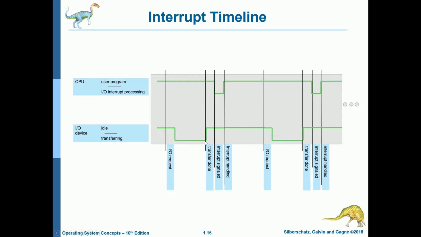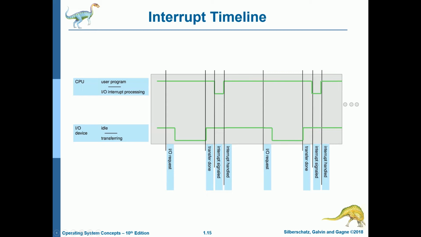Now, as this transfer has been completed, the I/O device goes back to idle, but inside of the user program, we have to interrupt that in order to transfer that information over. Once the interrupt's been handled, we resume back to the user program until another request happens, and then, when this interrupt is signaled, we go back to here, basically pausing this user application, and then once it's been handled, we resume back.